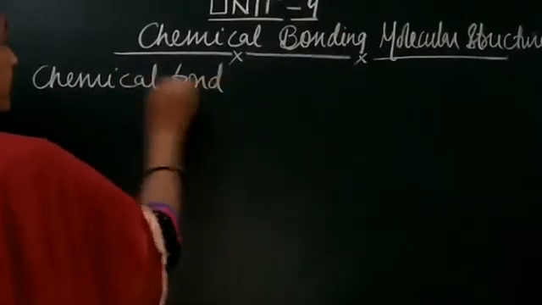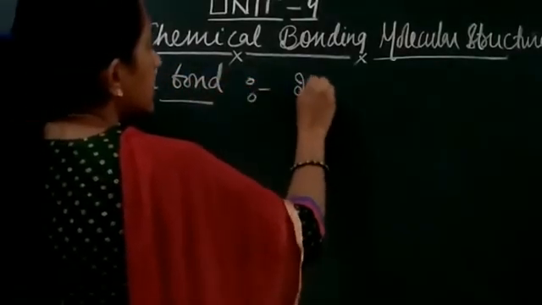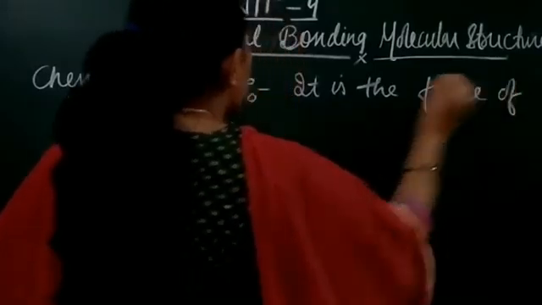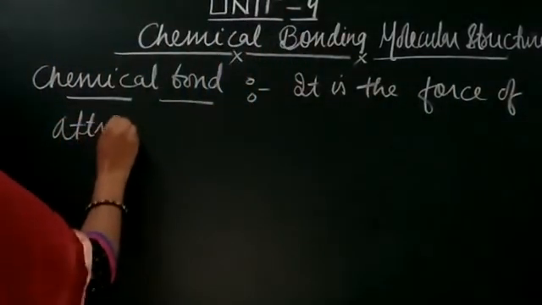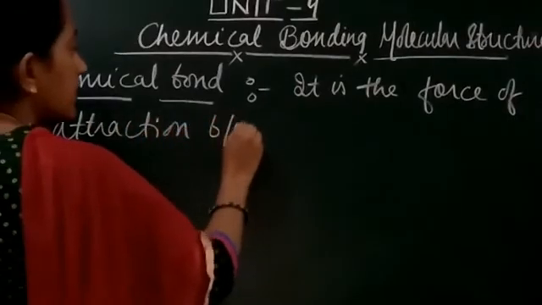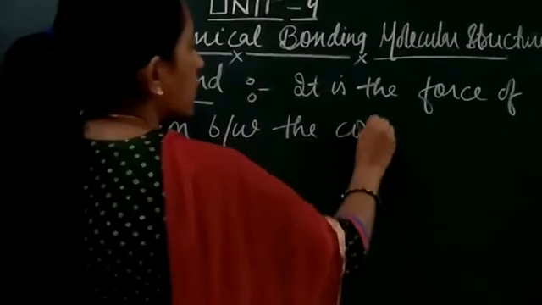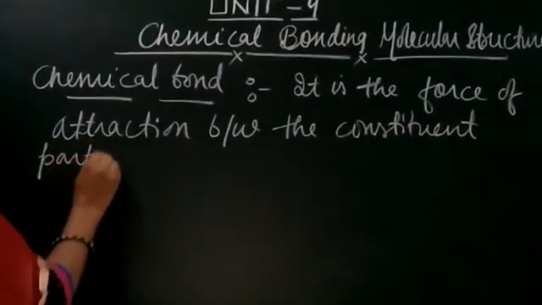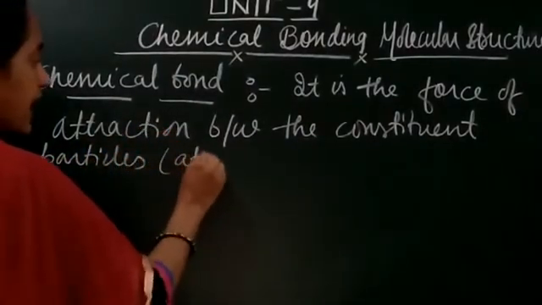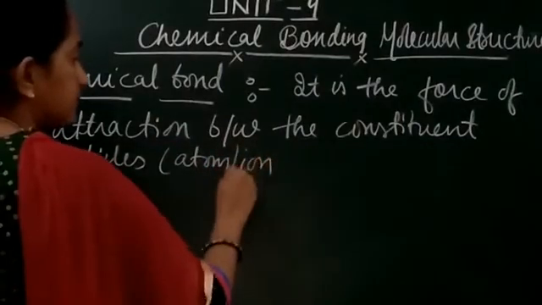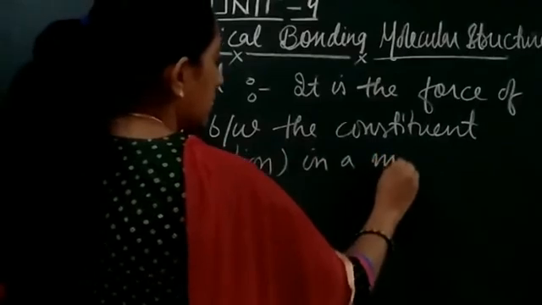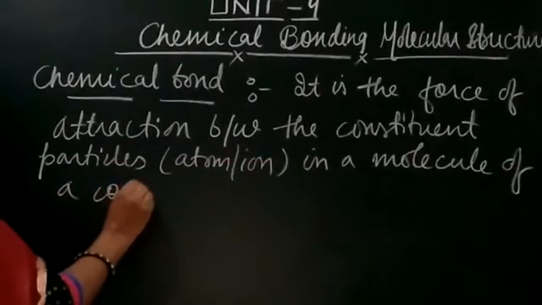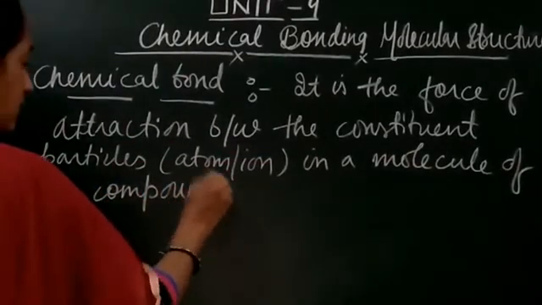what is a chemical bond, right? It is the force of attraction between the constituent particles, which can be either an atom or an ion, in a molecule of a compound, right?